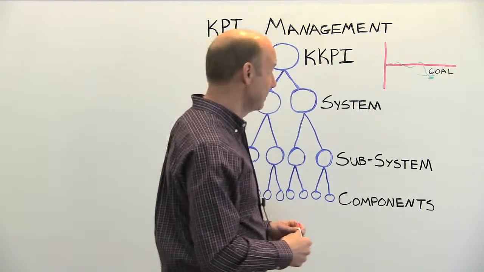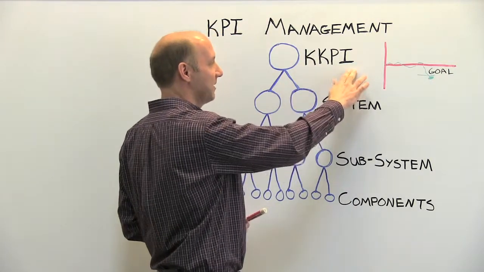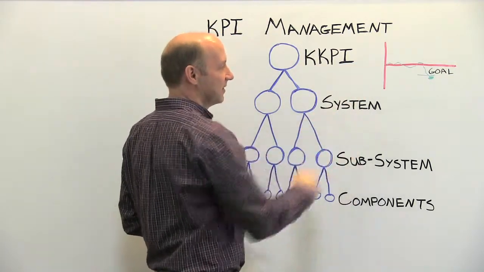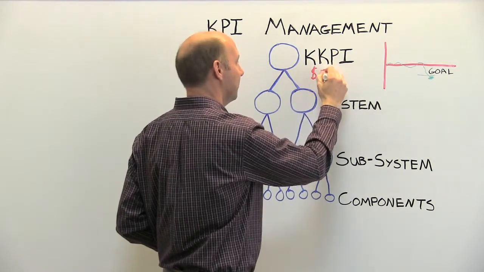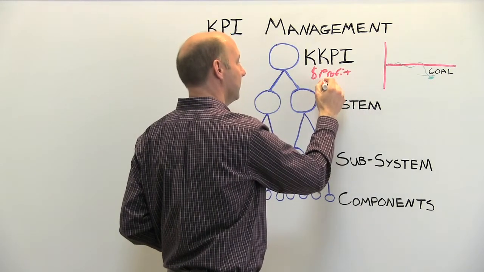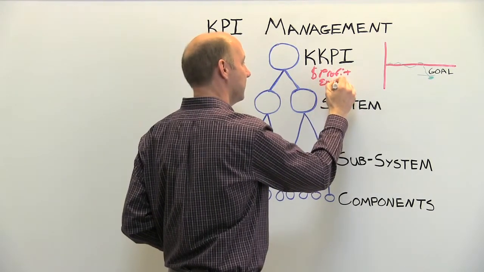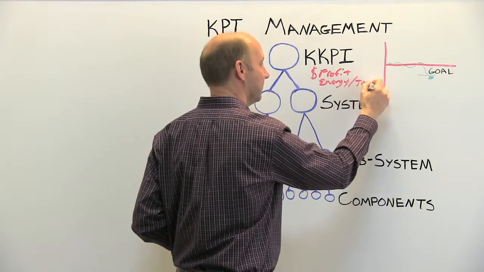And I'll show you an example of that, but let's talk about what these are. So the key KPI here is going to be your main goal. A subsystem type KPI, this would be like profit or energy per ton of production, what have you.